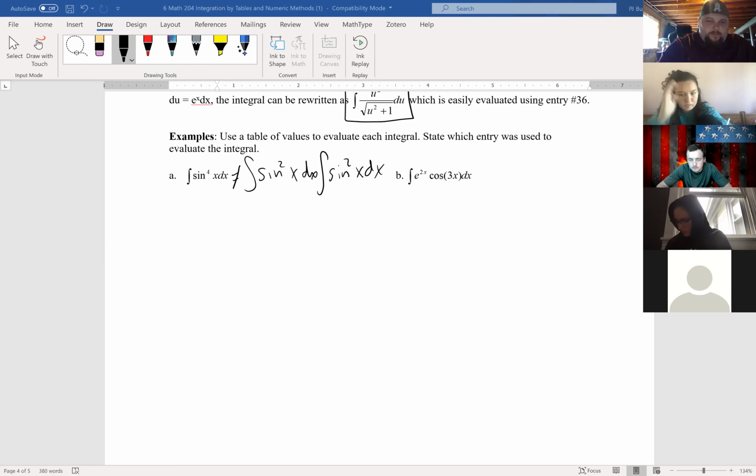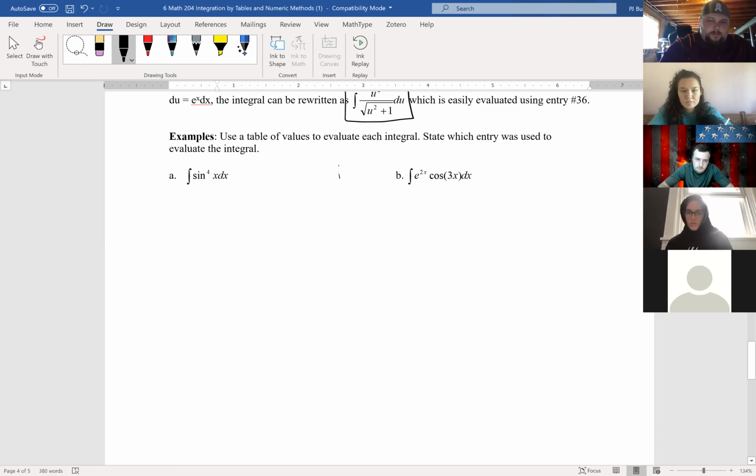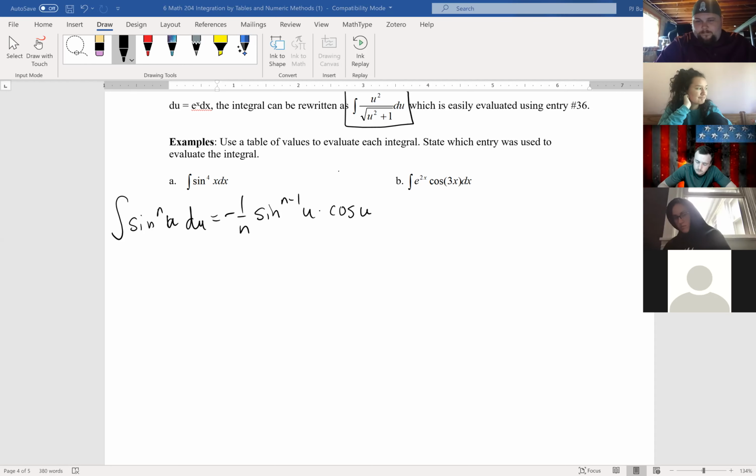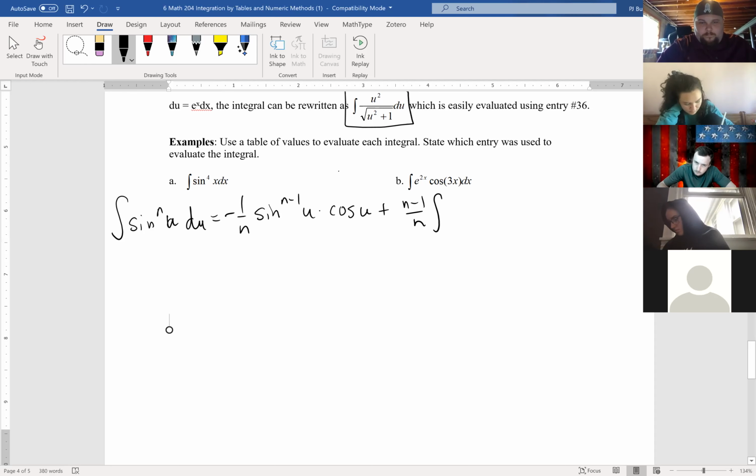I want to use the form here which says the integral of sine to the n of u du is equal to... so that's the first form that I have to use.